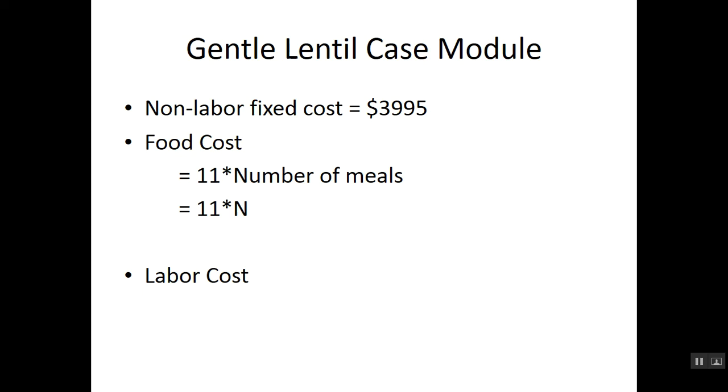He also has food costs. He needs to pay for the food that he's going to prepare for his meals. And he's estimated that his food costs will be $11 per meal. So his total food cost should be $11 times the number of meals that he sells, or 11 times N. Lastly, we have his labor costs. Now he gives us some information on page 223 of the case module about the type of staff that he needs.